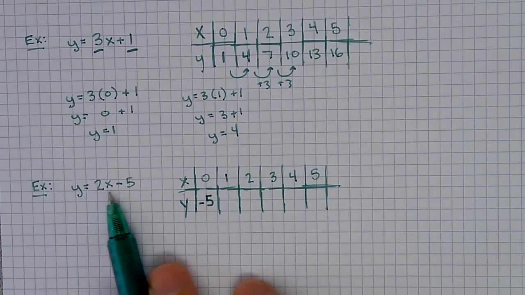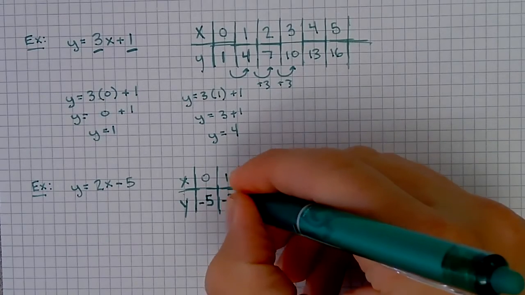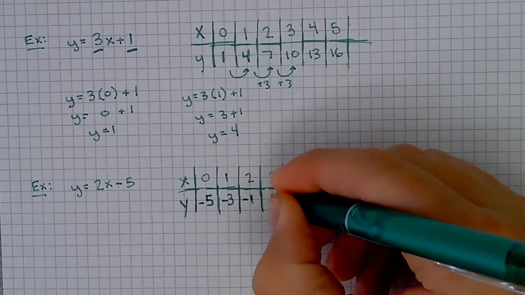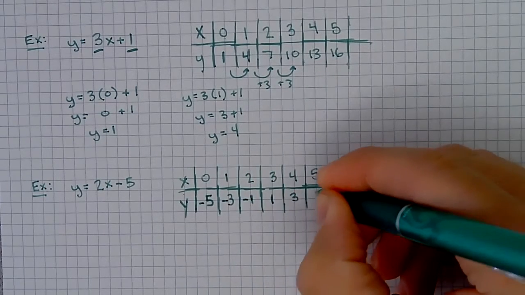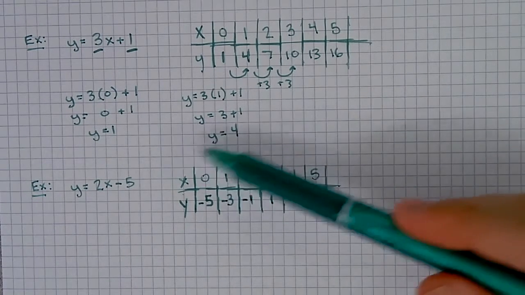This is telling me that I'm increasing by 2 each time. So if I increase from -5, it gets me to -3, then -1, then 1, then 3, then 5, so on and so forth. Much easier than plugging it into each one.